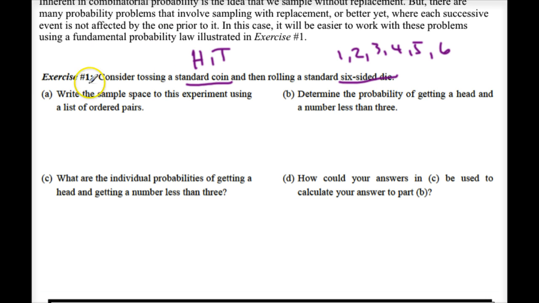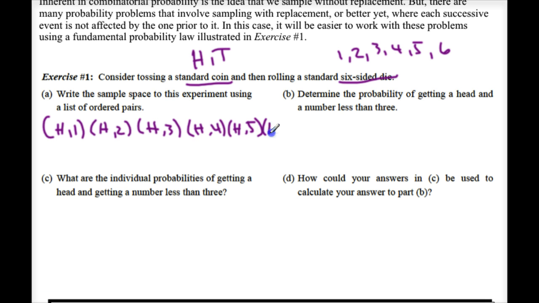So let's go look at it this way. So we're starting with a head. Head can go to 1, head can go to 2, heads can go to 3, heads can go to 4, heads can go to 5, and then heads can go to 6. So that's like me saying this goes to 1, this goes to 2, this goes to 3, this goes to 4, 5, and 6.